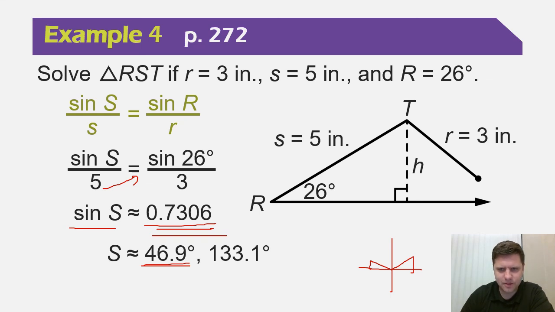So in either case, this angle is the same as this angle. So in order to know what that angle is from here, we subtract this angle from 180. So you take 46.9, subtract it from 180, and you get 133.1. So there's 2 triangles that are possible. One with an angle measurement of this, and the other with the angle measurement of that.